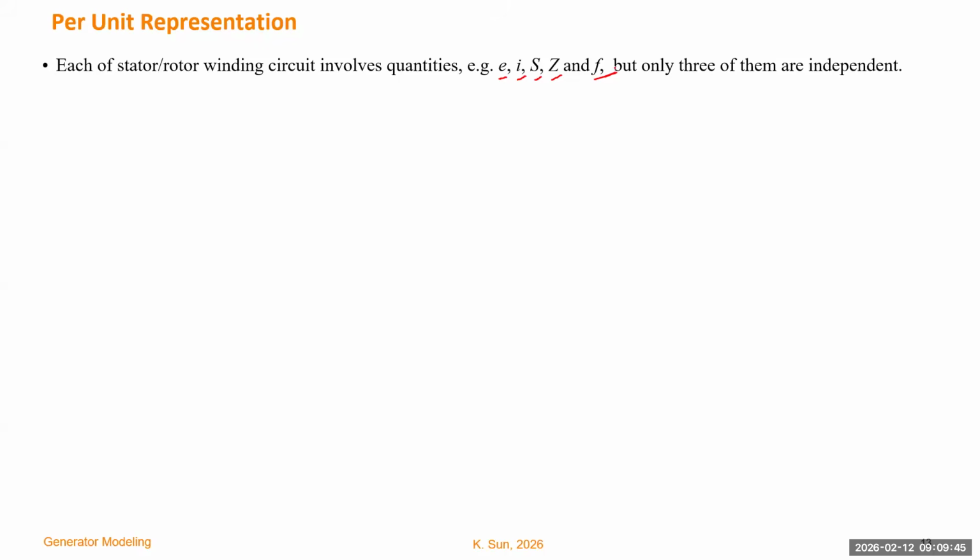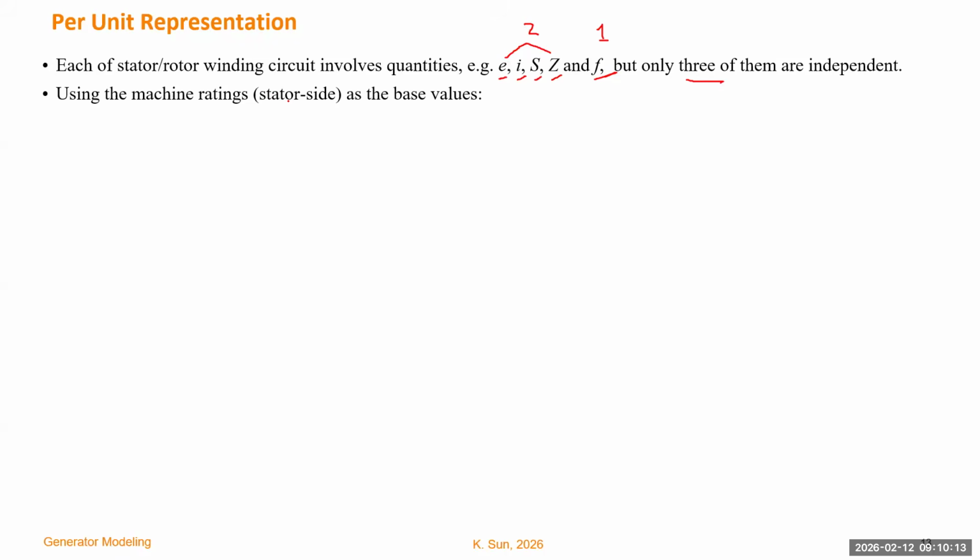Think about how many independent quantities we have. For the first four, there are two independent quantities, and adding the frequency, we have three independent quantities. So we only need to give those three, two from the first four and also the frequency, and you'll be able to come up with the base quantities for all five.